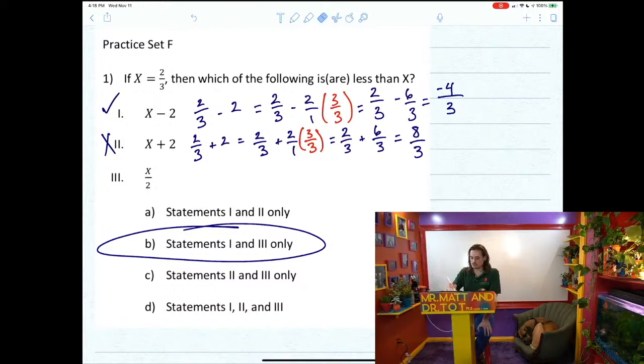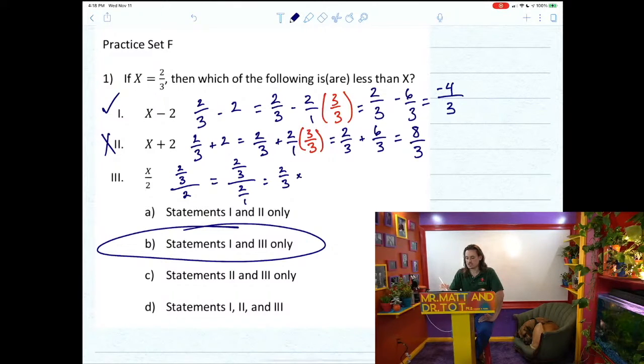So we're going to have 2/3 quantity divided by 2. I can rewrite that as 2/3 quantity divided by 2 over 1. When I divide a fraction by a fraction, you keep the numerator the same, change the operation from division to multiplication, and take the reciprocal of the denominator, meaning that you flip the numerator and denominator around.